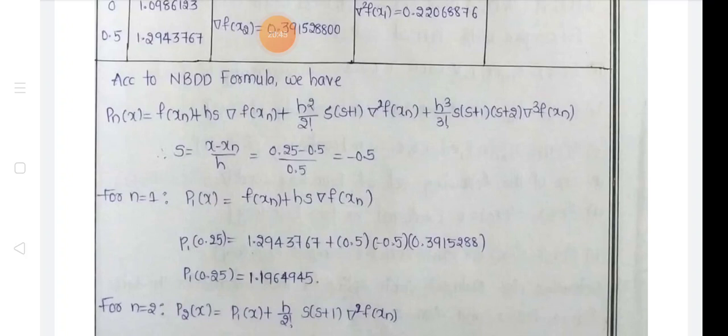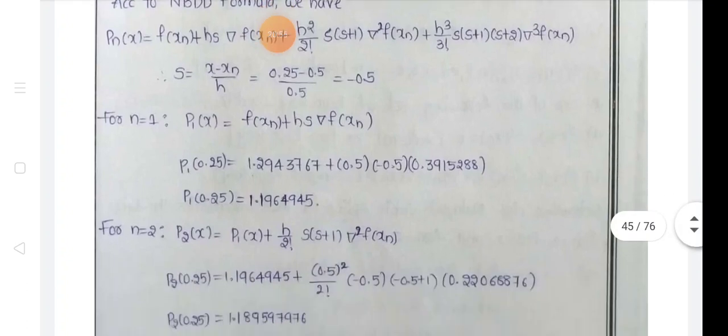After simplifying, we get the value p1 of 0.25 is equal to 1.1964945.